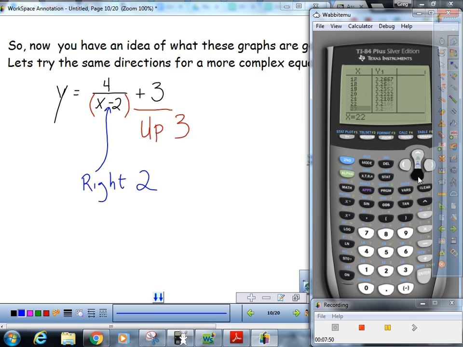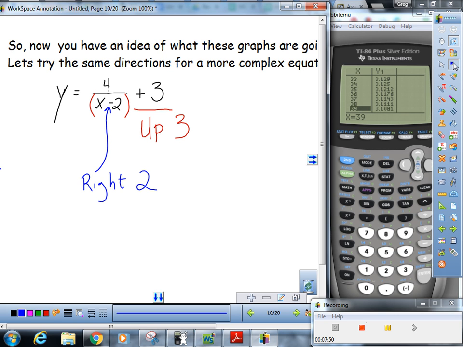And then it looks like no matter how high we go, it'll never go past 3. So, I think that teaches us how to find our asymptotes without even using our graphing calculator. Those are your asymptotes.